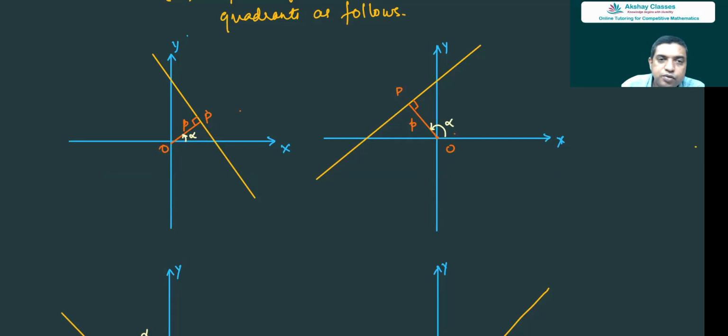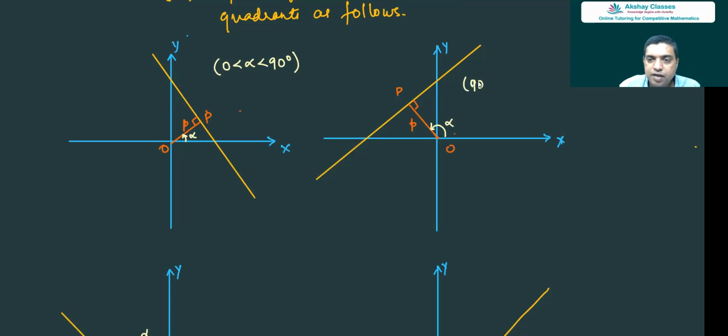Okay. So here, alpha lies from 0 to 90 degrees. Here alpha lies from 90 degrees to 180 degrees, this is an obtuse angle.